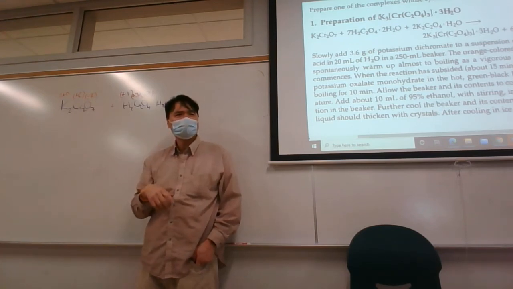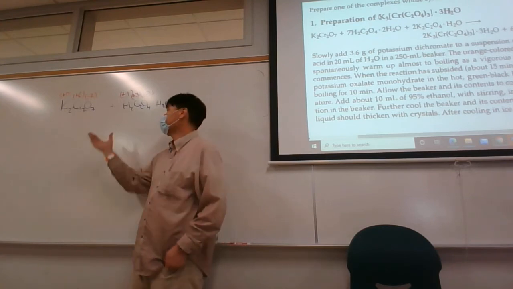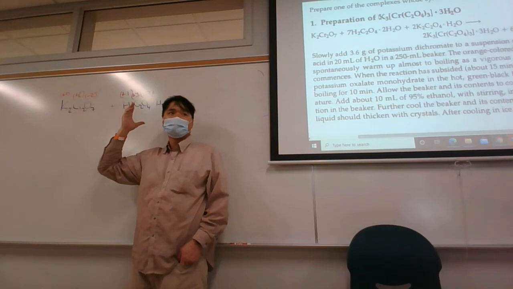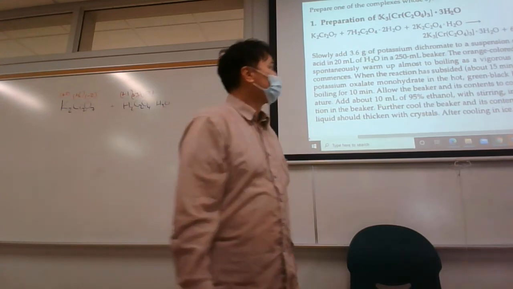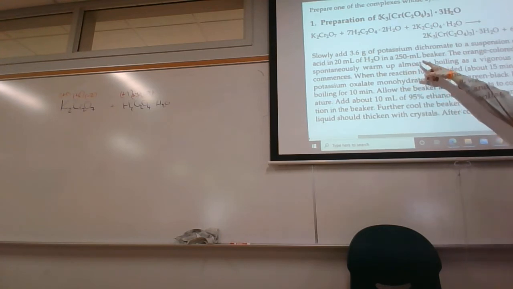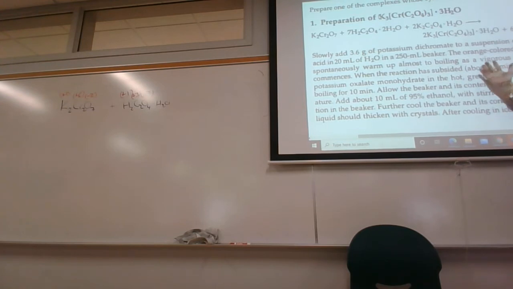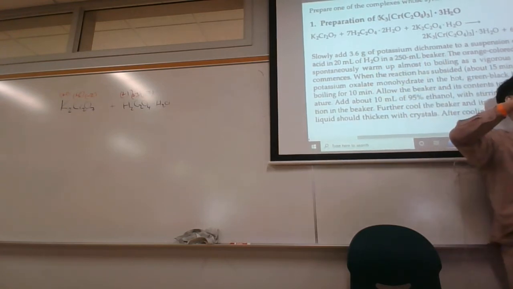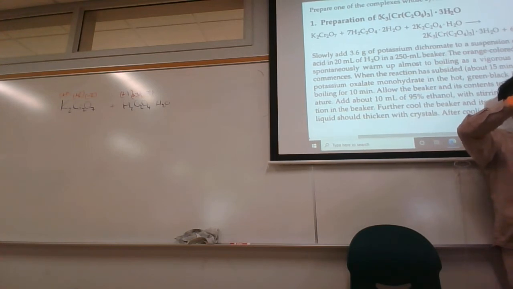So the potassium dichromate we're going to be adding to the oxalic acid. In the procedure, it says slowly add 3.6 grams of potassium dichromate to a suspension of 10 grams of oxalic acid and 20 milliliters of water. So we have to make the oxalic acid water mixture first and then add the potassium dichromate to that.